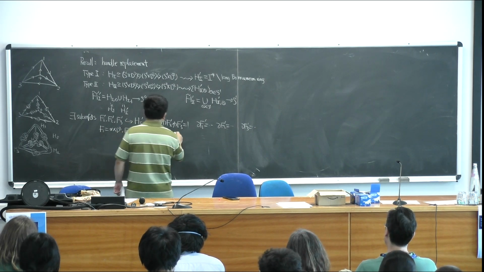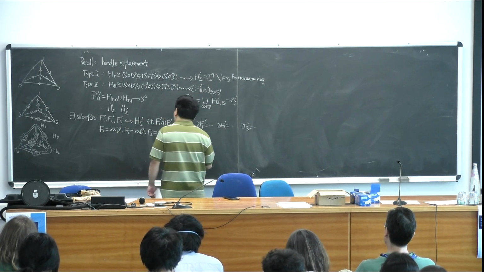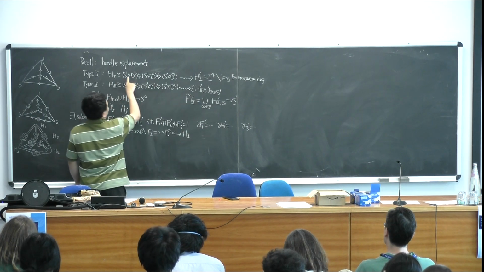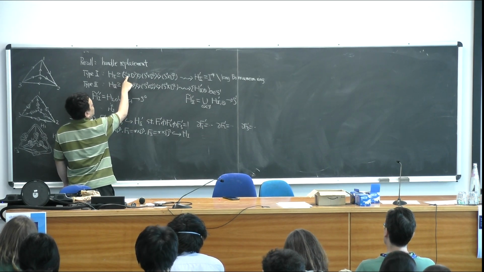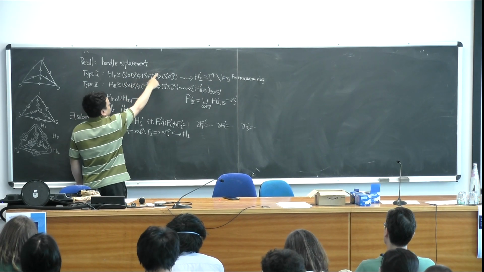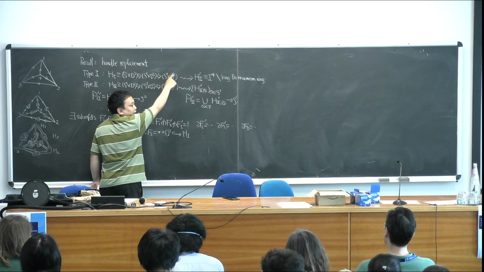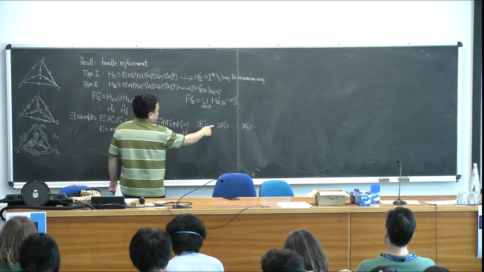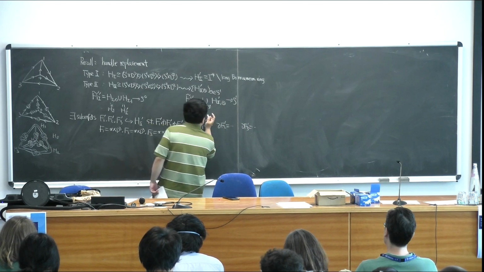These are standard submanifolds contained in H1. Remember that H1 is just this handle body, so I fix a point here and get an embedded three-dimensional disk. I fix another point, get another D3, and fix another point and get D2. This gives us F1, F2, F3. They have the same boundary.